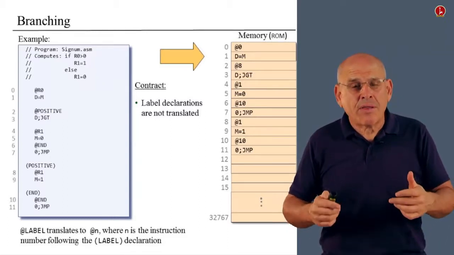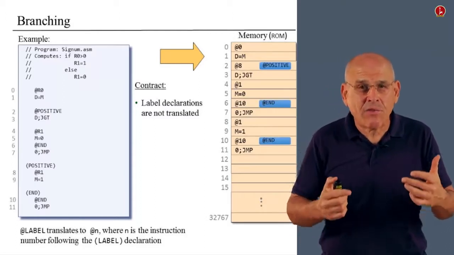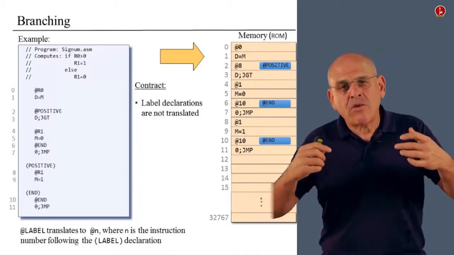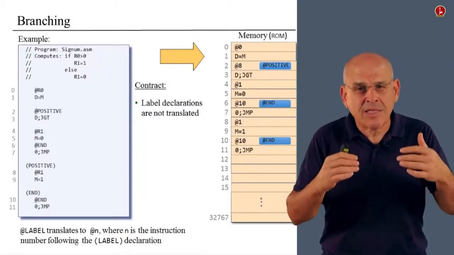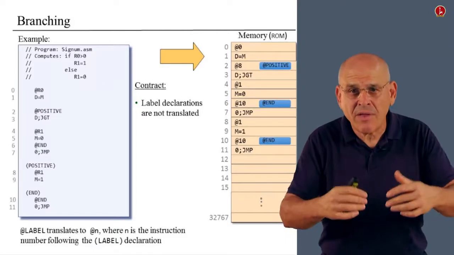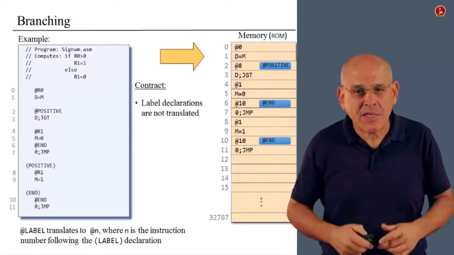Okay, what about the references to the labels? Well, the references to the labels definitely get translated, and what used to be at positive becomes at 8, because 8 is the instruction just after positive, and what used to be at end becomes at 10 for the same reason.